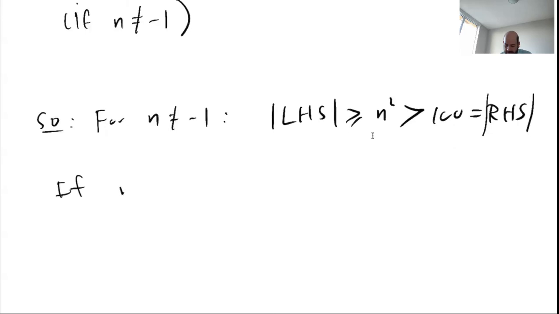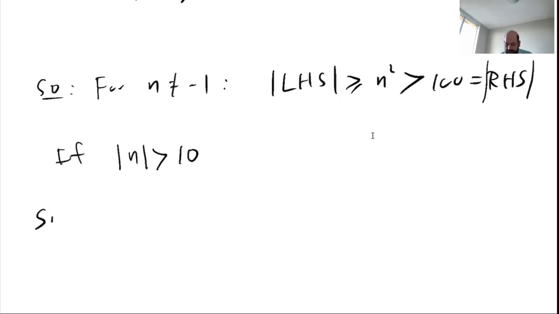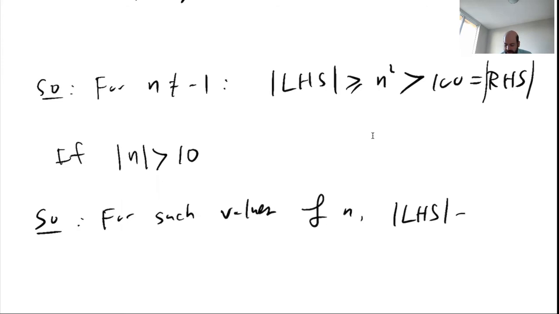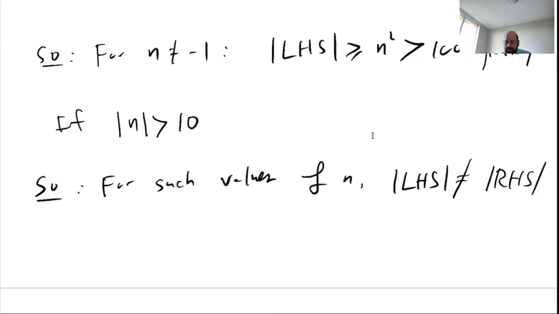If n in absolute value is bigger than 10, n squared will be bigger than 100. So for such values of n, the absolute value of the left-hand side is not equal to the absolute value of the right-hand side, because we just said the absolute value of the left-hand side is bigger than the absolute value of the right-hand side.